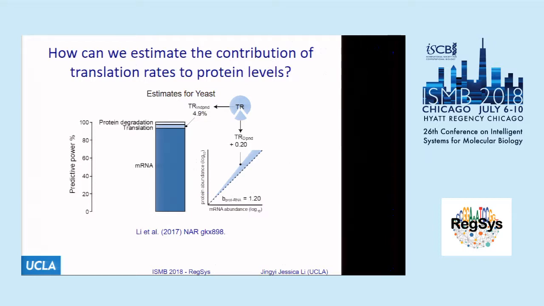Also, its effect is to increase the slope between protein and mRNA from 1 to 1.20. The independent component contributes to the variance in protein, and that's this part. With this, we can have a better understanding of how the different steps in the central dogma contribute to the variance in protein abundance.